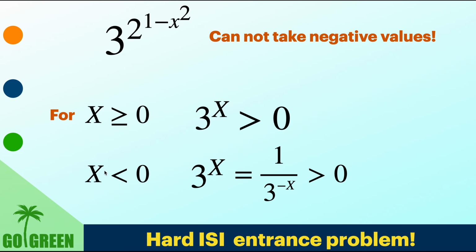The same explanation applies to 2 also: instead of 3 to the power X, if I take 2 to the power X, that is also the same. So for any x value here, 2^(1 - x²) is always positive, and therefore 3 to the power of this is always positive. Therefore this exponential cannot take negative values, so 3^(2^(1 - x²)) cannot take negative values.